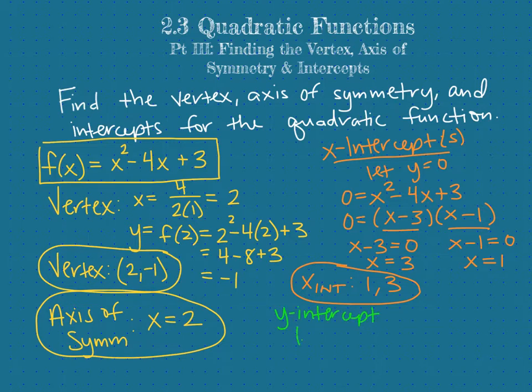And we do that by letting x be 0. So if we let x be 0, we'll have f of x equals 0 squared minus 4 times 0 plus 3, and that is 3. So our y-intercept is 3.